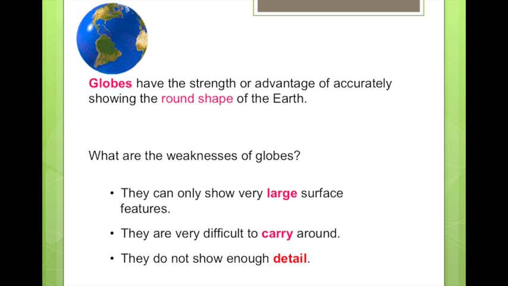Globes have the strength or advantage of accurately showing the round shape of the Earth. The only picture that we can get of the Earth that is absolutely perfect is a globe. Now I know that you see the spinning picture in the corner and you say, but that looks pretty perfect.